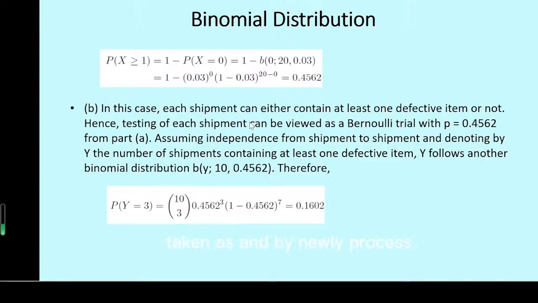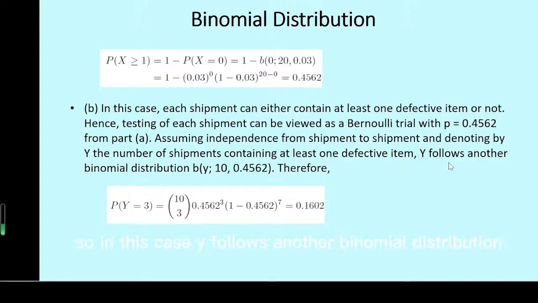So for question B, in this case, each shipment can be taken as a Bernoulli process. Each shipment can either contain at least one defective item or not. So the testing of each shipment can be viewed as a Bernoulli trial with probability 0.4562, which we calculated in question A. We can assume independence from shipment to shipment and denote by Y the number of shipments containing at least one defective item.